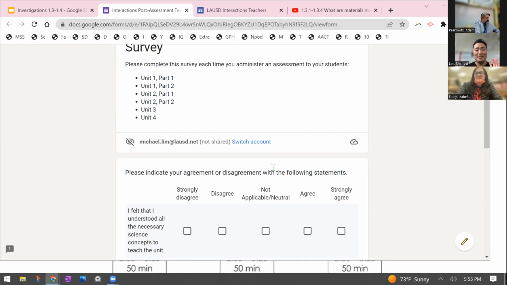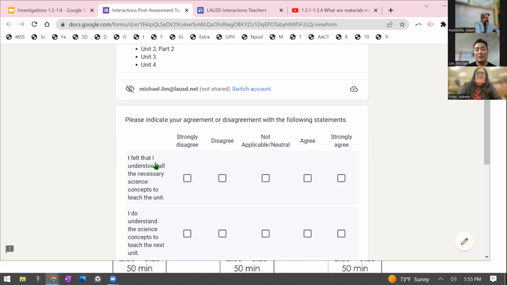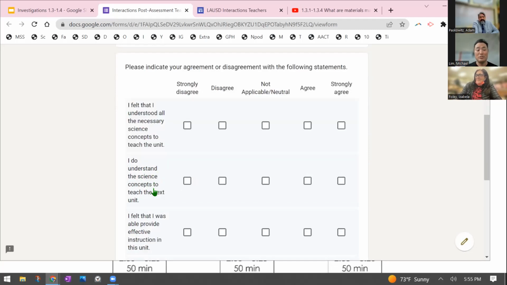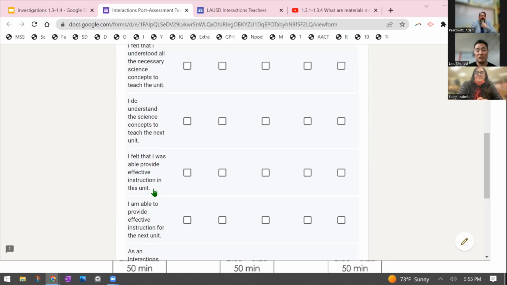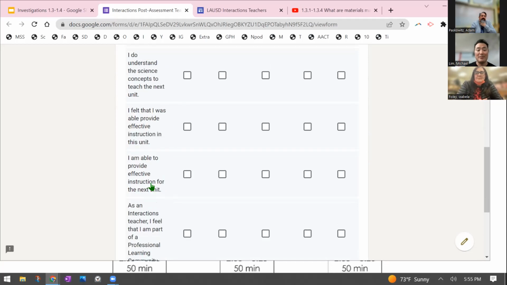This is to see how you feel at the end of the unit. Do you feel like you understood the necessary science concepts of the unit? Do you feel like you can teach the science concepts for the next unit? Do you feel like you're able to provide effective instruction? Are you able to provide effective instruction for the next unit?